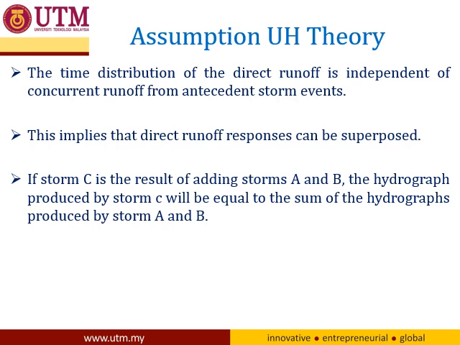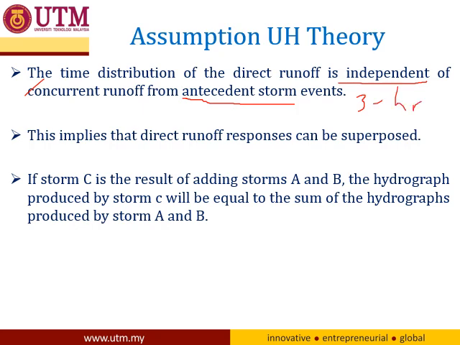And what else? Here, the time distribution of the direct runoff is independent of concurrent runoff from antecedent storm events. Antecedent means another following storm event. So it is independent. What you get is, for example, a 3-hour unit hydrograph.